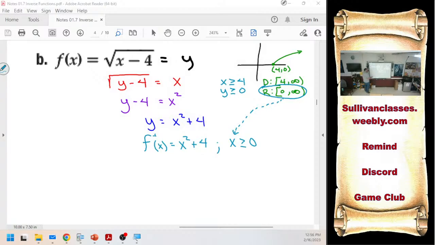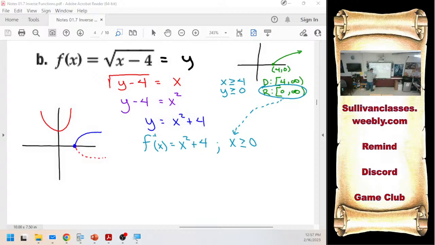The reason for that is when I graph these, can I say that this has an inverse of this? No. There's literally an entire chunk missing here, right? Well, okay, fine, I'll just put this down here. Well, now this isn't a function.